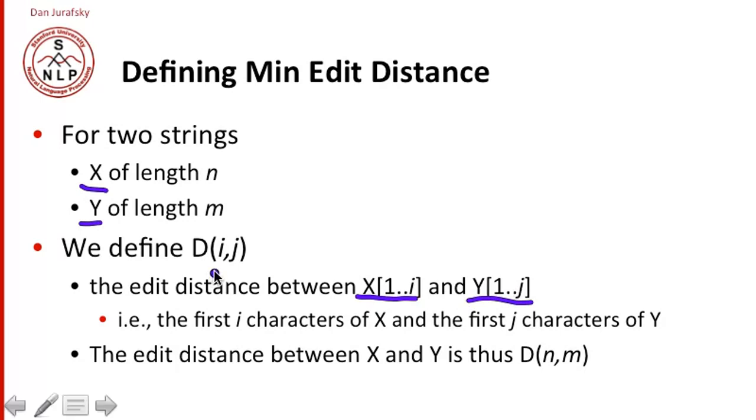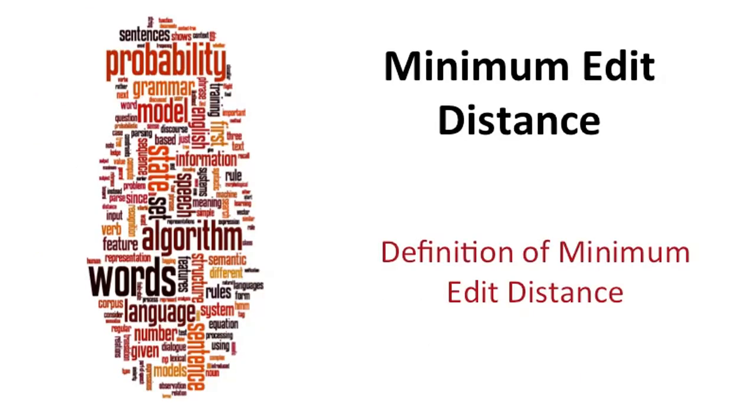That's what's defined by D of i,j. And so the distance between the entire two strings is going to be D of n,m, because the strings are of length n and m. So that's our definition of minimum edit distance.